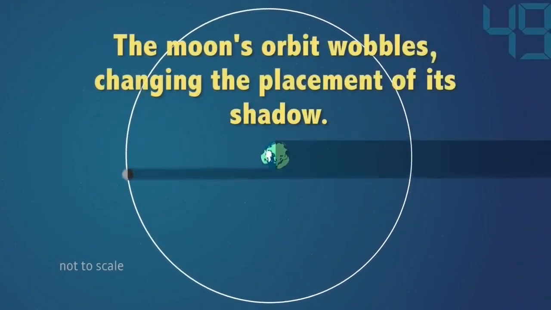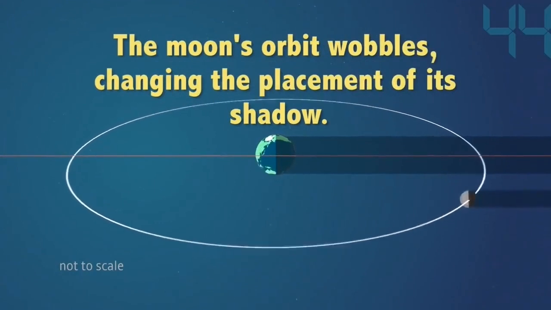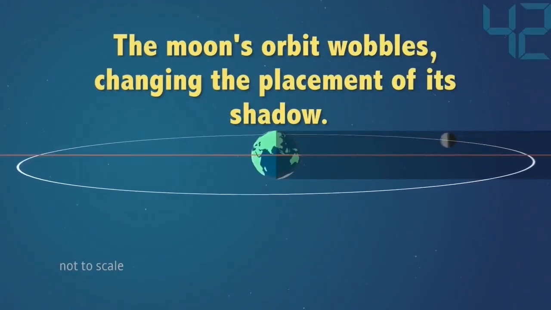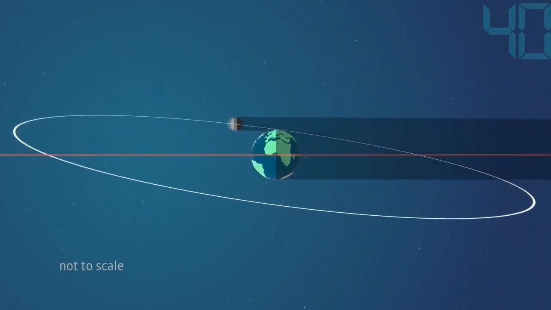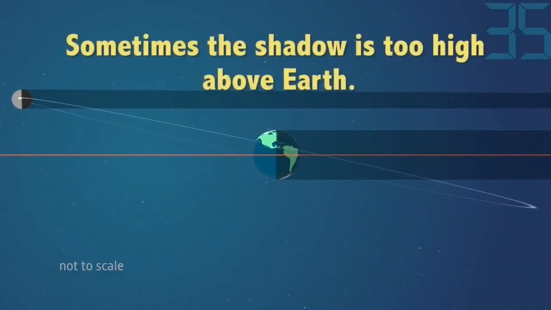The moon's orbit wobbles, changing the placement of its shadow. Sometimes, the shadow is too high above Earth.